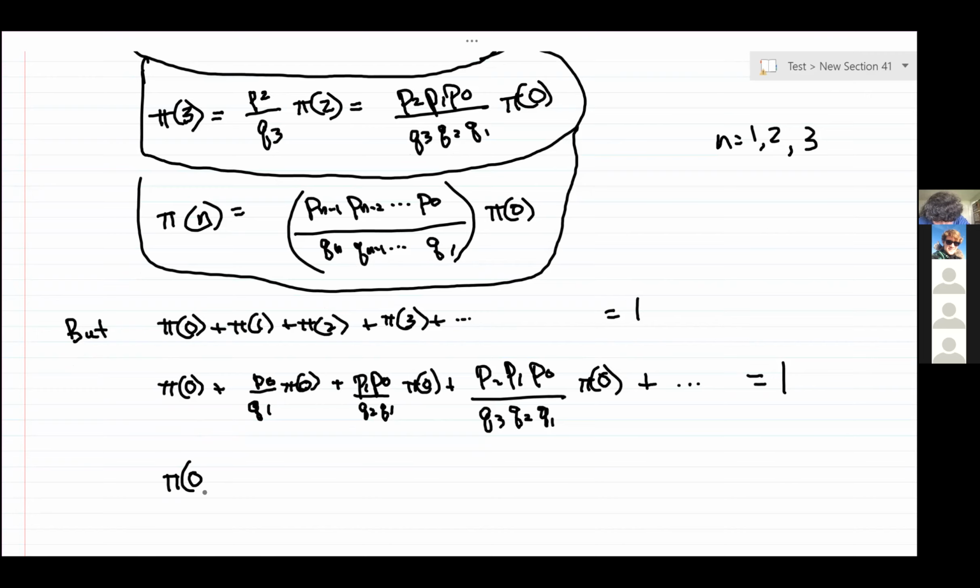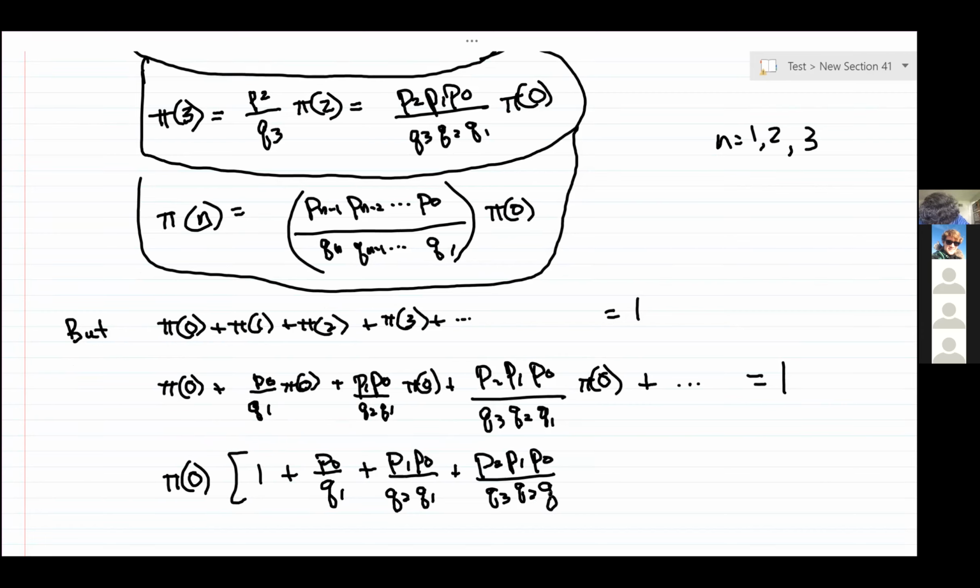Pi 0 times 1 plus P0 over Q1 plus P1, P0 over Q2, Q1 plus P2, P1, P0 over Q3, Q2, Q1. Keep on going in this infinite series. They all have a common factor of pi 0 in it. This equals 1. So what is pi 0?